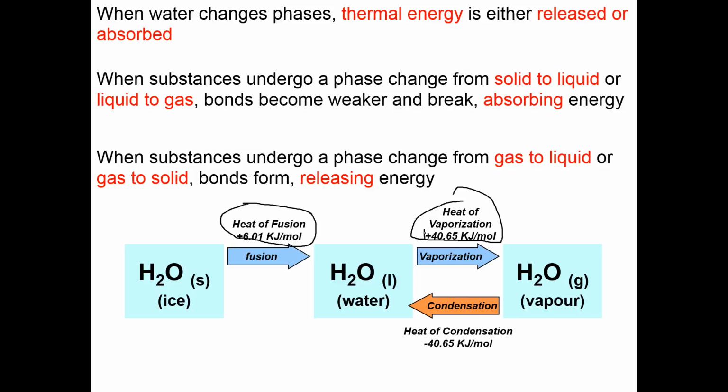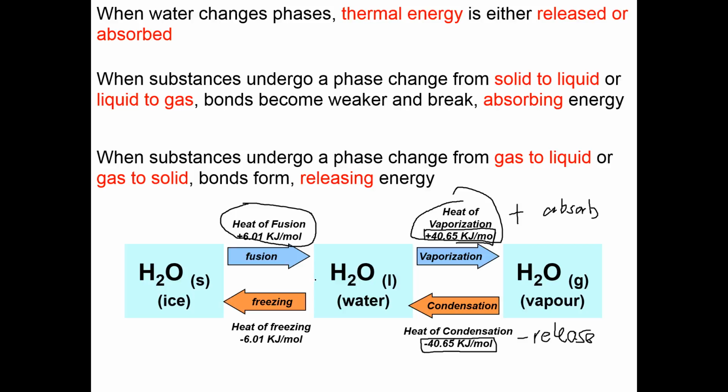Notice the number is the same, but just like our calculated specific heat capacity, absorption is positive, negative means release. So the number is the same for heat of condensation. Same thing for freezing. The number is the same, but the sign is negative.